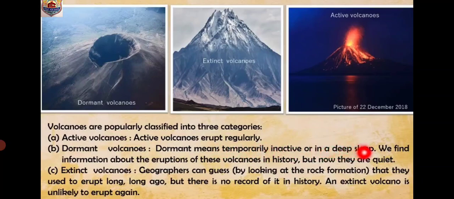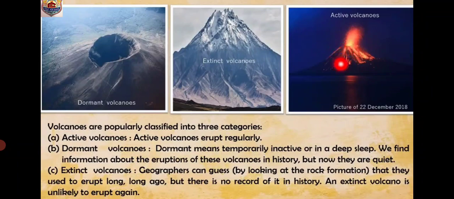An extinct volcano is unlikely to erupt again. So only active volcanoes erupt regularly, whereas dormant volcanoes and extinct volcanoes used to erupt in history. As you can see, dormant volcanoes and extinct volcanoes are different.